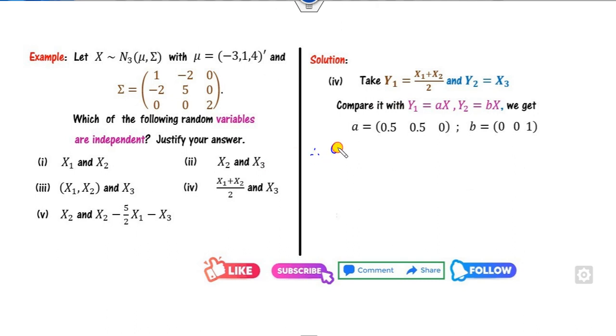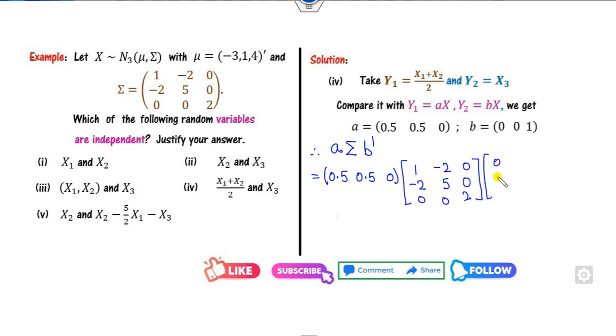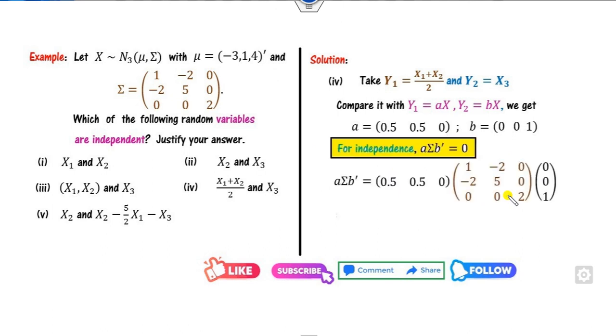Therefore, A sigma B transpose. A is 0.5, 0.5, 0, B is this. What is the sigma? Sigma is 1, minus 2, 0; minus 2, 5, 0; 2, 0, 0. B transpose is 0, 0, 1. Now you can multiply them.